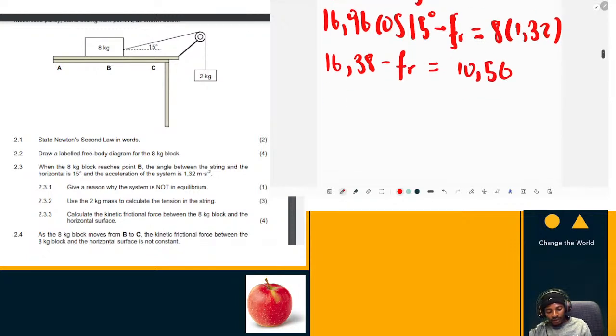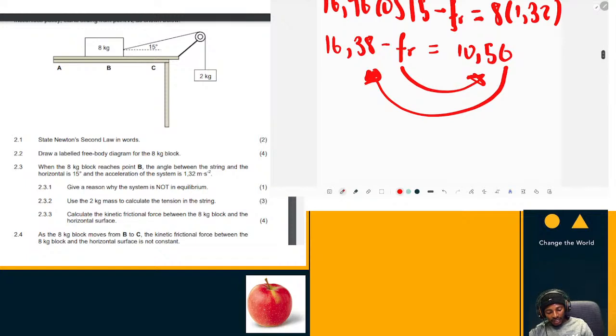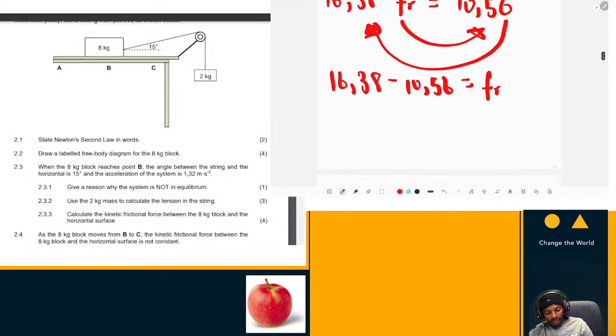Therefore, if I want this friction, I'm just going to transpose it to this side, and it will be positive. Then I'm going to take this quantity to the other side, and it's going to be negative. Then I will have 16.38 minus 10.56 is equal to the frictional force.